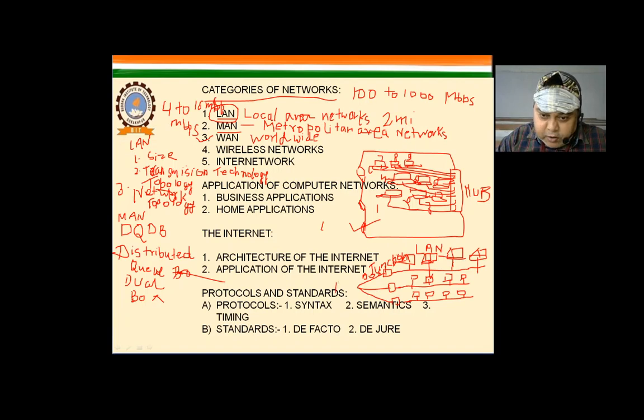That point is called the head end, and the head end and terminals are connected with the internet.